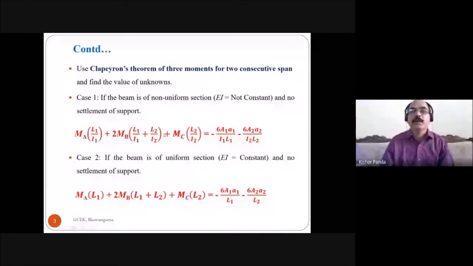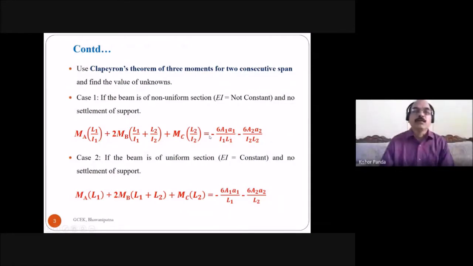Similarly, A1 is the area of free bending moment diagram on span AB, and A2 is the area of free bending moment diagram on span BC. And x1 is the centroidal distance of area A1 from support A, and x2 is the centroidal distance of area A2 from support C.